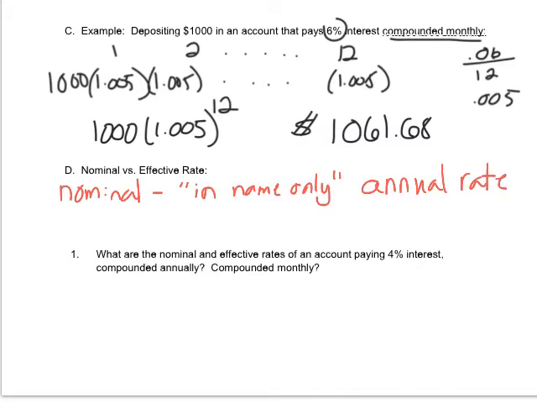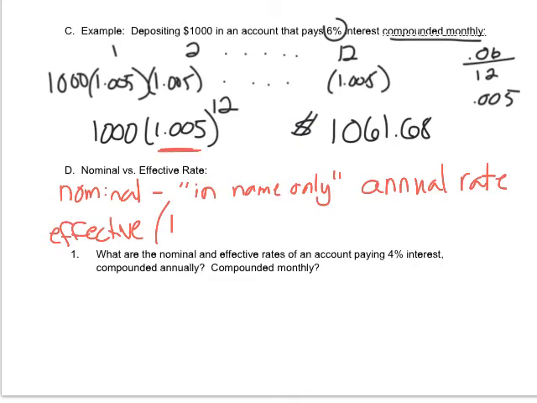The effective rate is a little bit more complicated. The effective rate is the actual rate. And here's the formula. It's a bit much here. We kind of did it up here. We calculated the effective rate. It's all embedded in this guy.